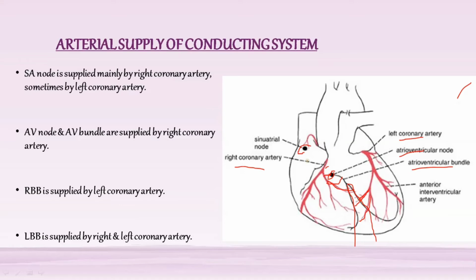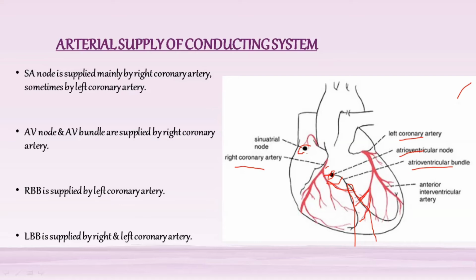So the SA node is simply supplied by the right coronary artery in about 60%, and in some individuals, about 40%, it is supplied by the left coronary artery. Then the AV node and the AV bundle are supplied by the right coronary artery. Then the right bundle branch is supplied by the left coronary artery. Look at the pictures.